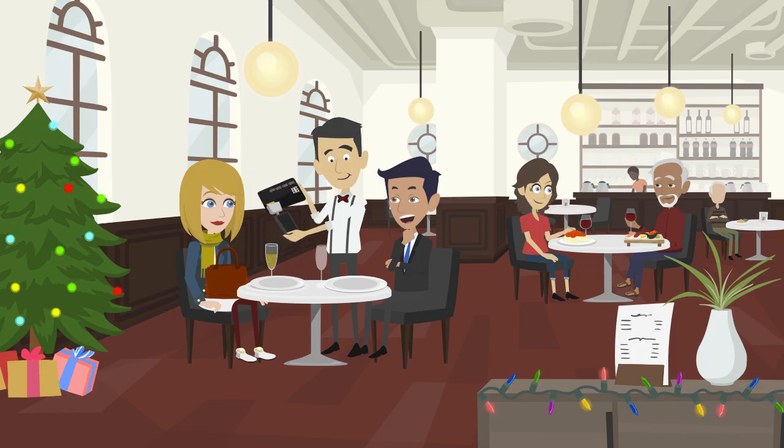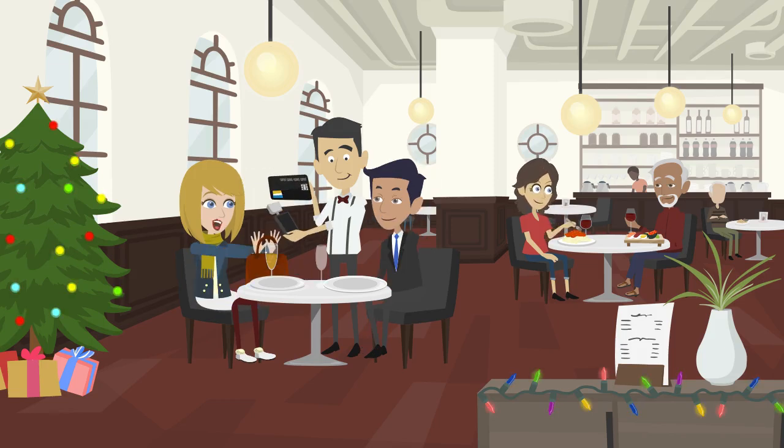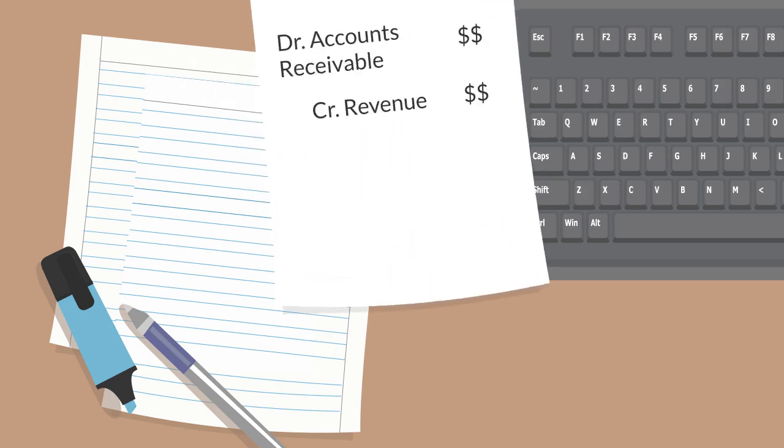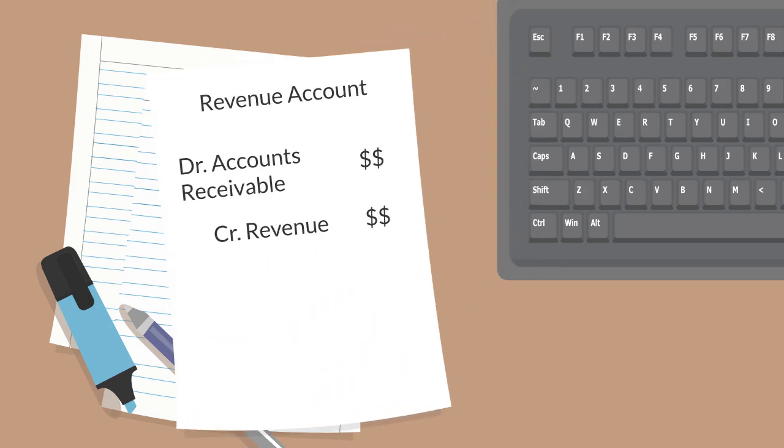This includes things like services performed on account or goods sold on account. When the service is performed or the goods are sold, the company can record the credit to revenue as they have earned it by doing their part. However, they debit accounts receivable instead of cash because they haven't gotten any cash for it.